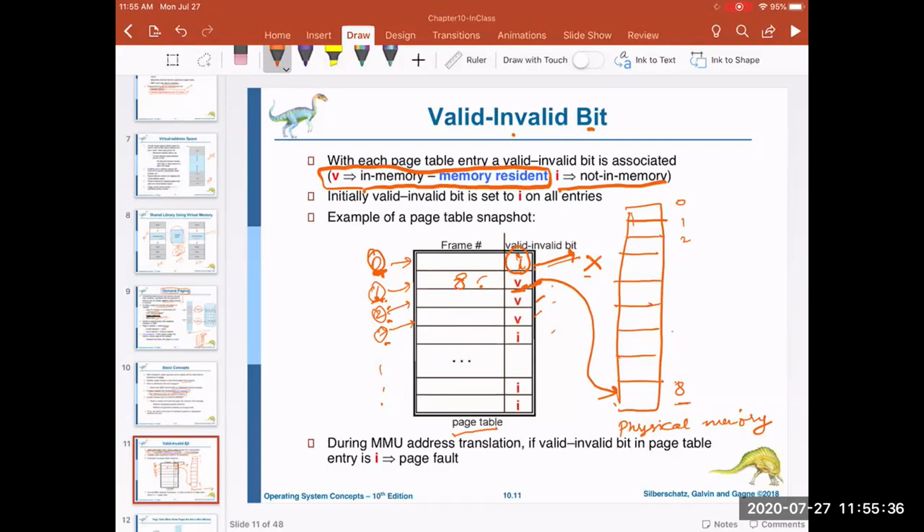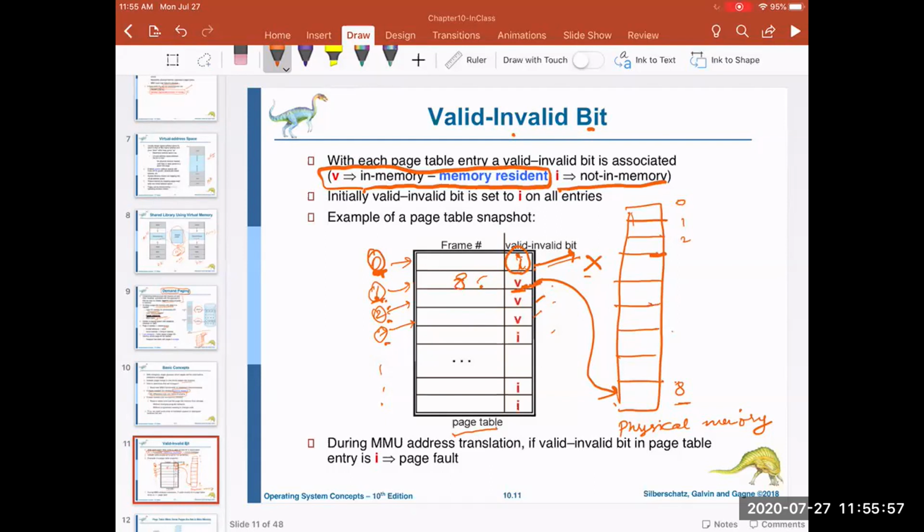Is it clear? Yes, that makes sense. So memory resident means you will get a frame inside physical memory. Non-resident means it is not yet brought into the main memory.